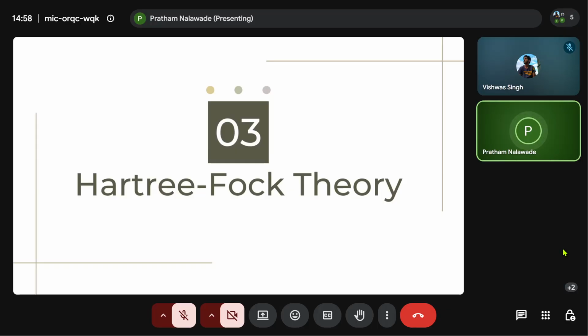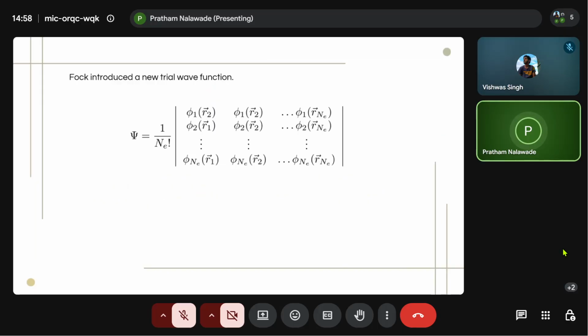That is where Fock came in. He suggested using a new wave function, the Slater determinant wave function. Using this wave function, we will do the exact same process again. We will find the energy, and then again vary it with a single orbital using the same constraint, and then we will again get an equation, which we call the Hartree-Fock equation.